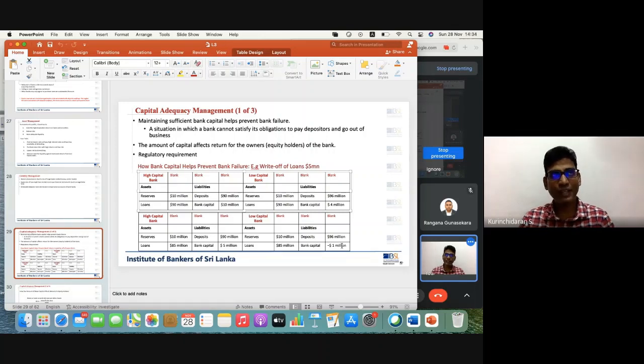I remember maybe 10-15 years ago, one of the state banks had negative capital, and the central bank let them continue. So the bank was running with negative capital without any problem. Then they were capitalized anyway after some time.